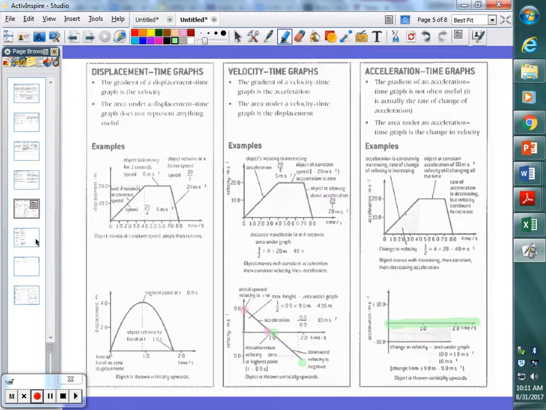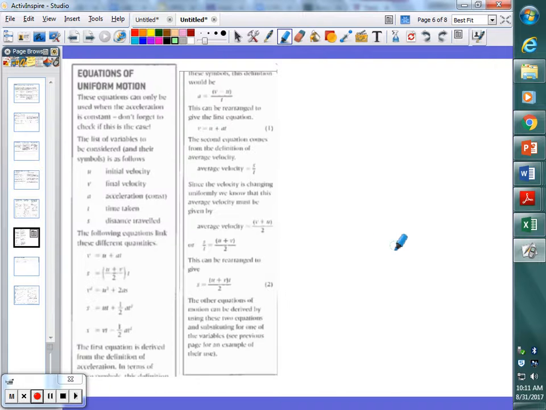All right. The next section of this unit deals with equations of uniform motion. And when we say uniform motion, that generally speaking means uniform acceleration. So, you guys can't see that.